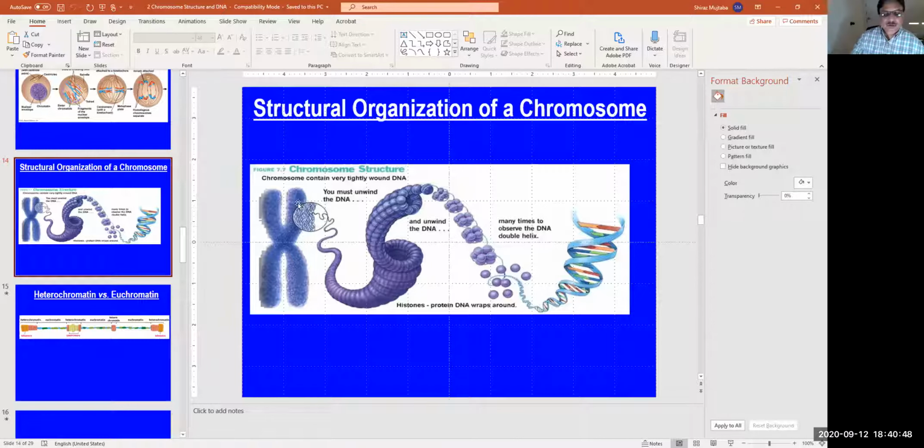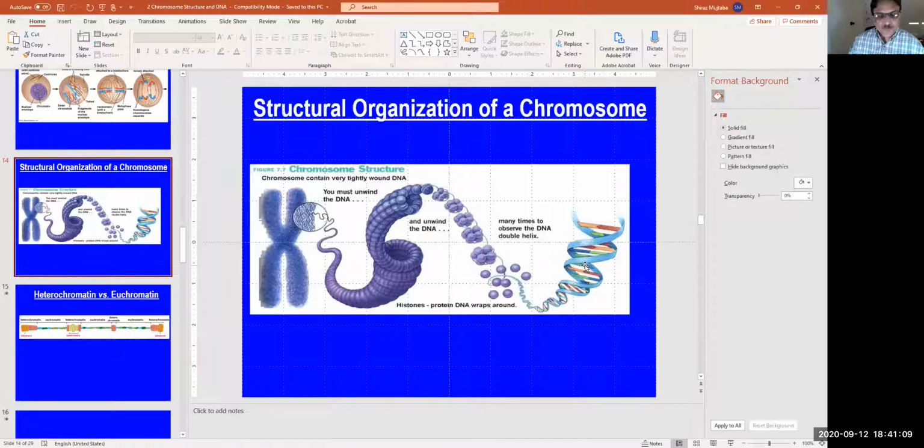So in this picture, you see a normal chromosome with chromatids, and then you see the fibers emerging, and these fibers then become a beaded, spherical structure, and then you see the DNA. So this is the organization of DNA.